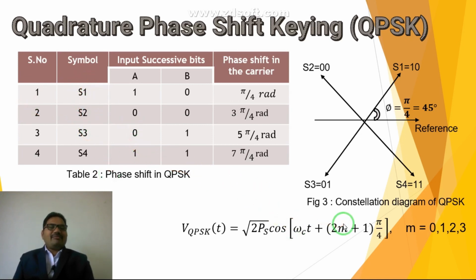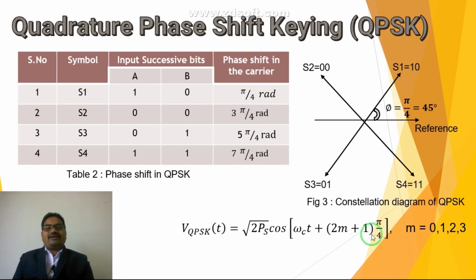So that's why we have made some modification in that equation, and we have written the equation for QPSK: V QPSK(t) is equal to square root of 2 Ps cos of omega c t plus (2m plus 1) pi by 4, because this is an integer multiple of pi by 4 radian. So we have written pi by 4 as a common phase shift.